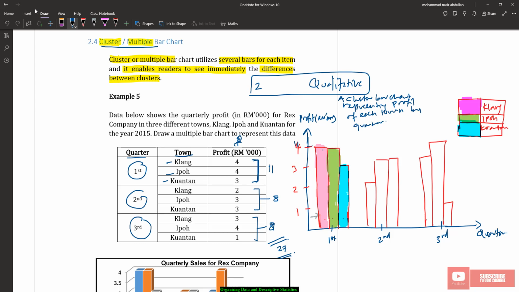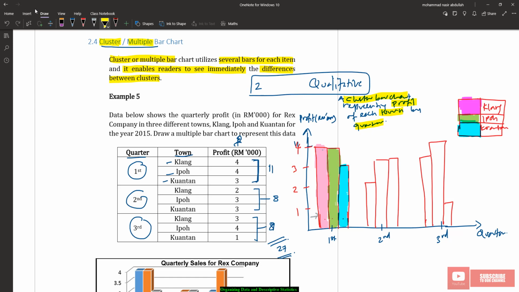Contoh. So apa yang people will see from the title, dia nampak dekat sini, this is the title of bar, and this is a bar chart, and the type of bar graph yang kita buat, consists of profit, variable yang ada, each town ada, quarter ada. Okay, semua variable ada dalam ni, and then type of chart ada dekat sini.